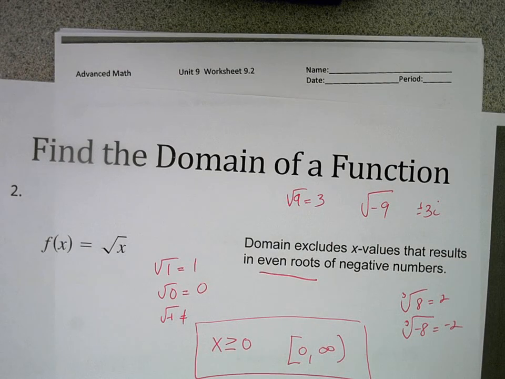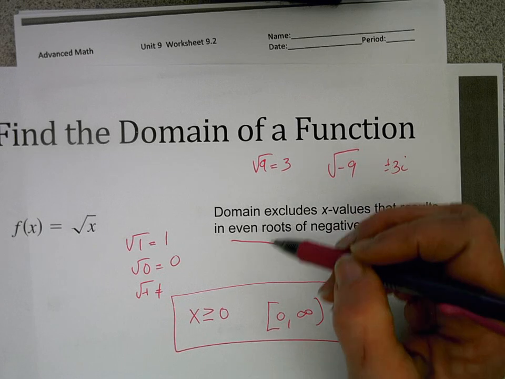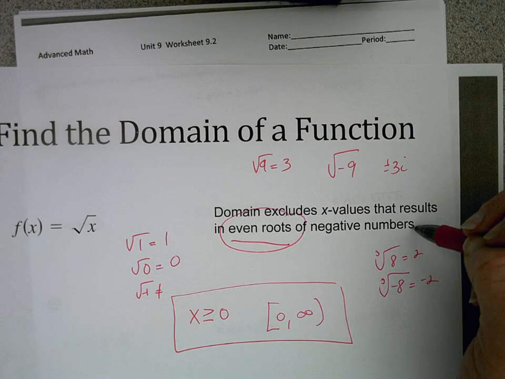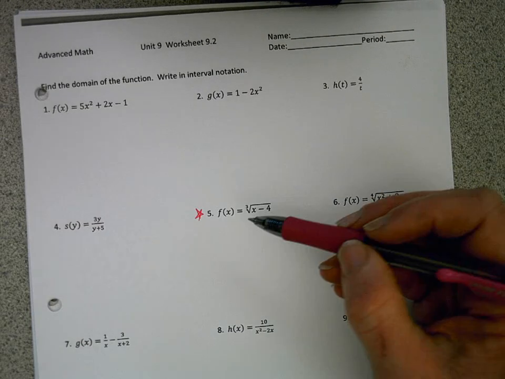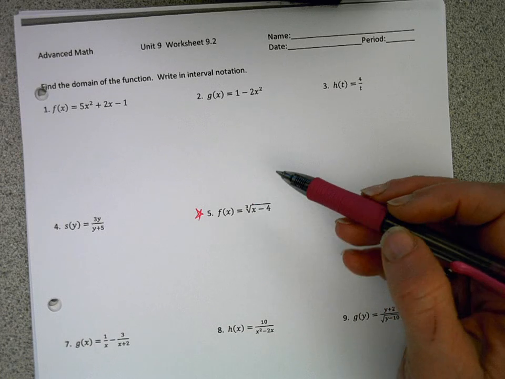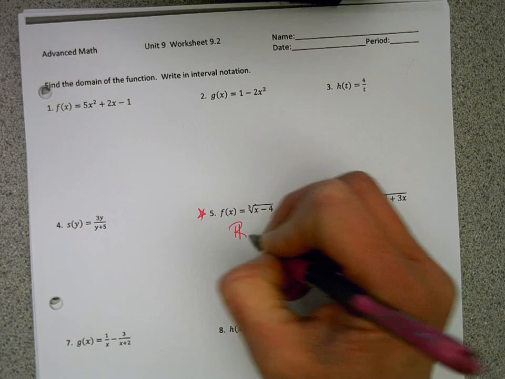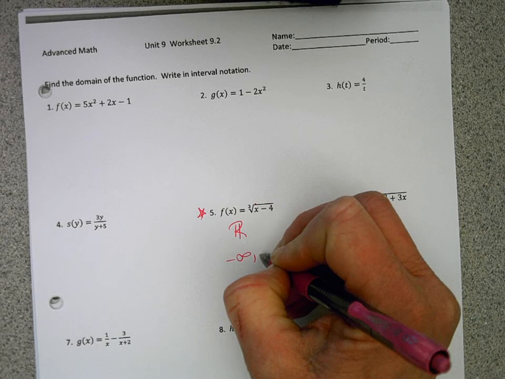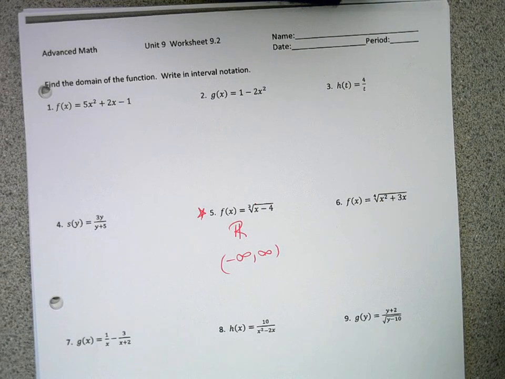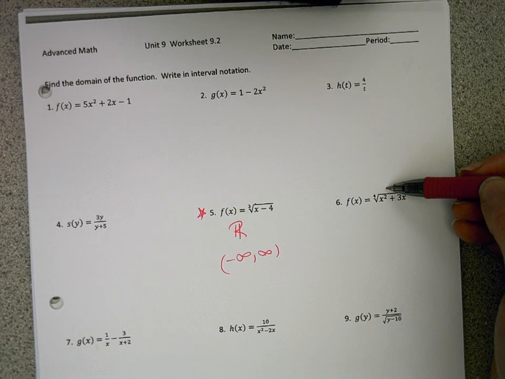So going back to this example 2, even roots can't have negatives, but this is an odd root. So this one, any number will work. Odd roots, or you can write negative infinity to positive infinity.